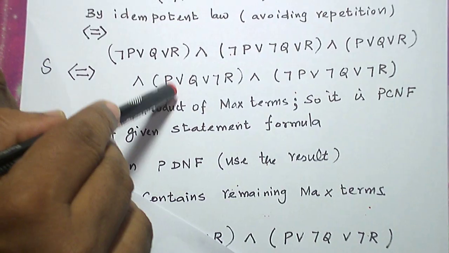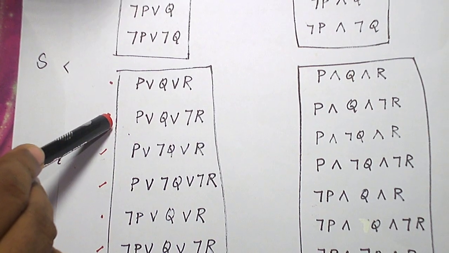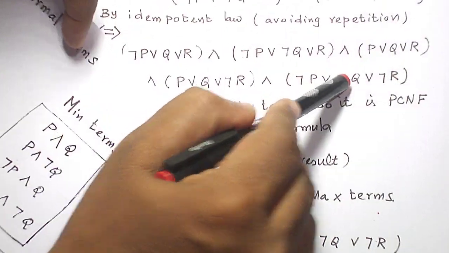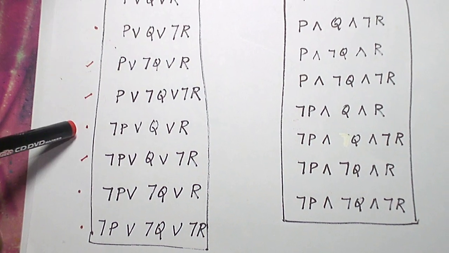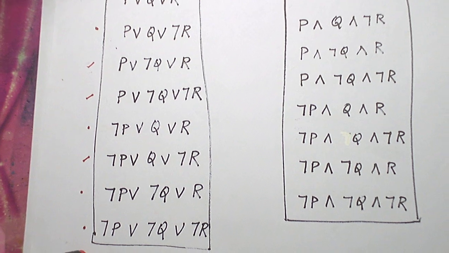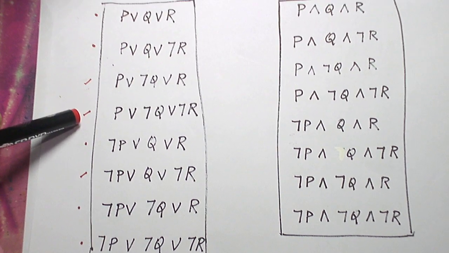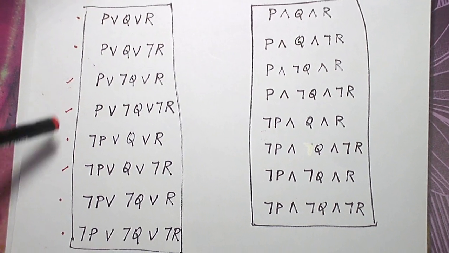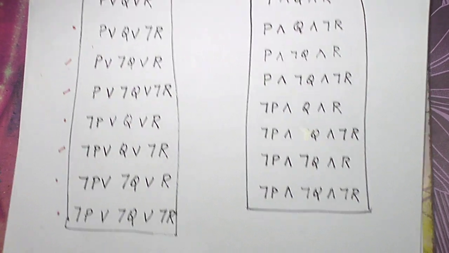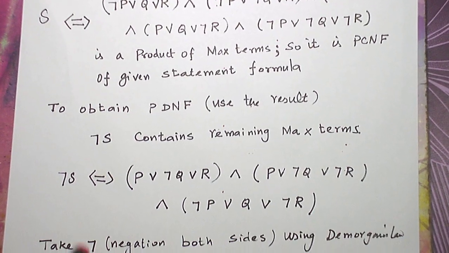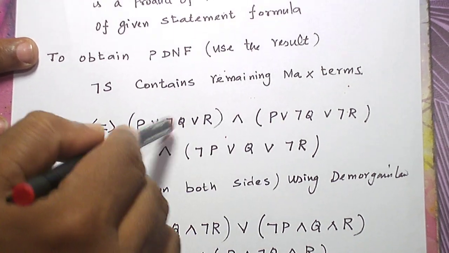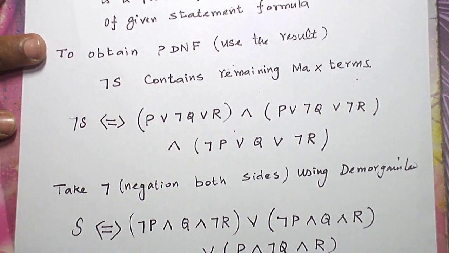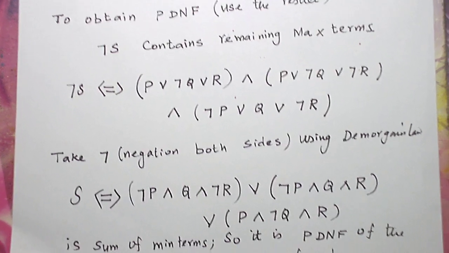P or Q or R, a dot. P or Q or negation R, a dot. Negation P or negation Q or negation R, a dot. So these are the 5 max terms appearing in the given statement formula. The remaining 3 max terms, which I put a tick against, appear in the negation of the given statement formula. The product of these remaining 3 max terms will appear in the negation of the given statement formula.